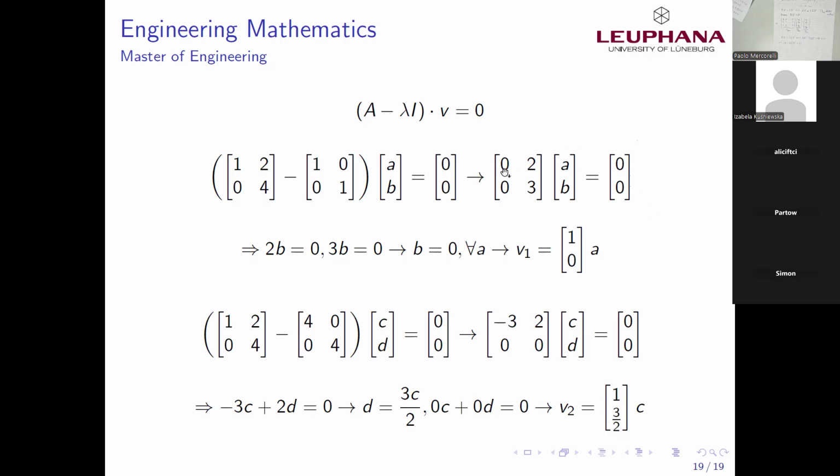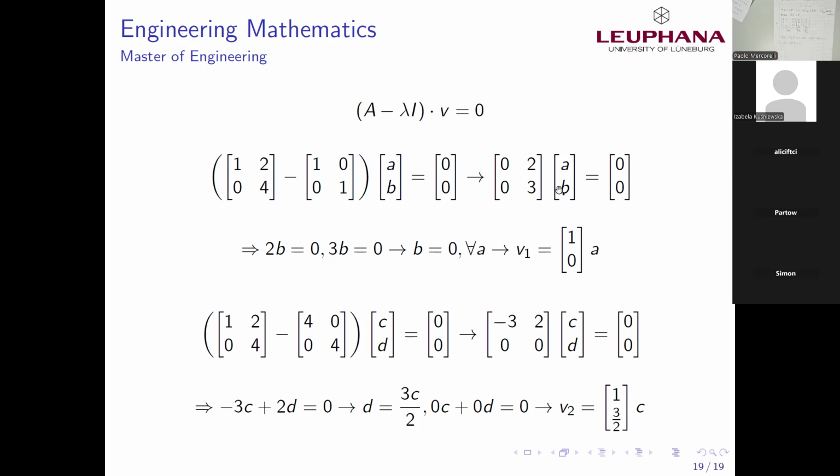Row multiply column: 0 multiply A plus 2 multiply B. We can see here 2B equals 0, because I have to satisfy the equality principle. The result of this product is a vector. This vector must be equal to this one. The first element of this vector is 2B. The second element is 3B.